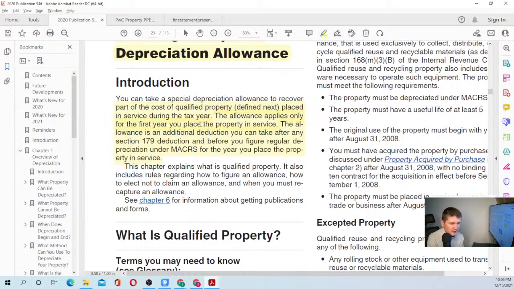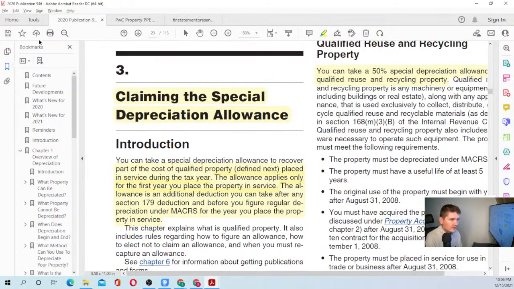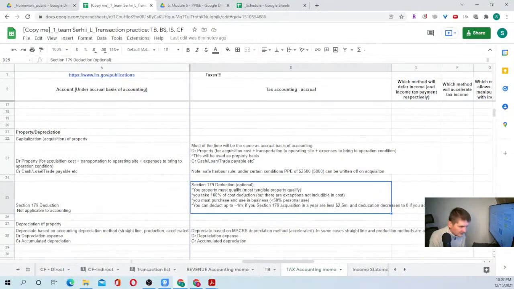The allowance applies only for the first year you place the property in service. The allowance is an additional deduction you can take after any Section 179 deductions. So let's look at the special depreciation allowance.